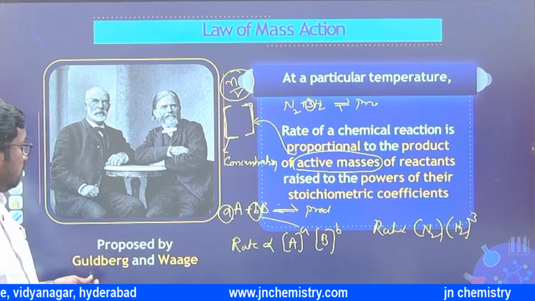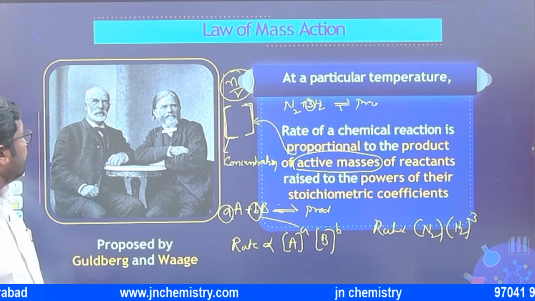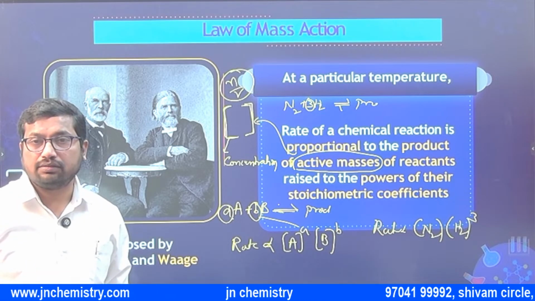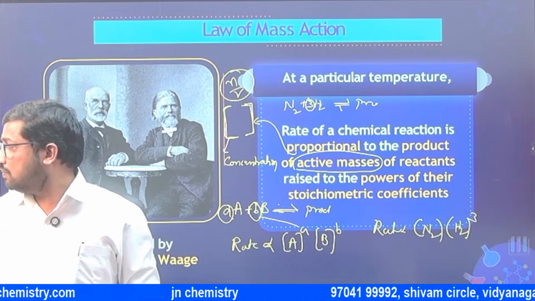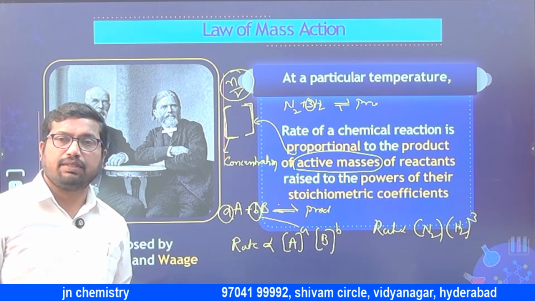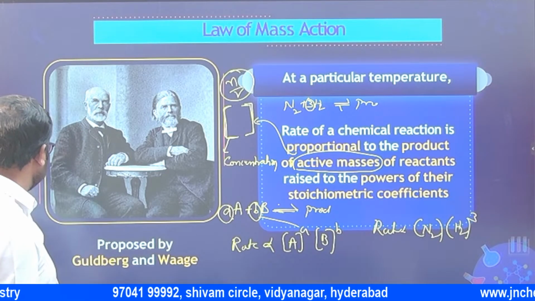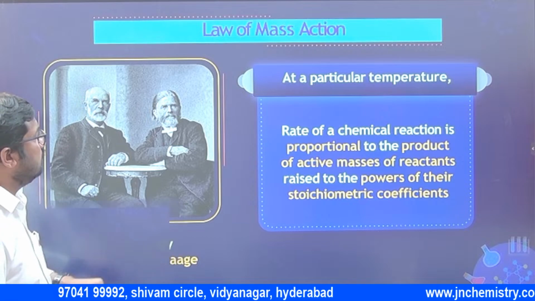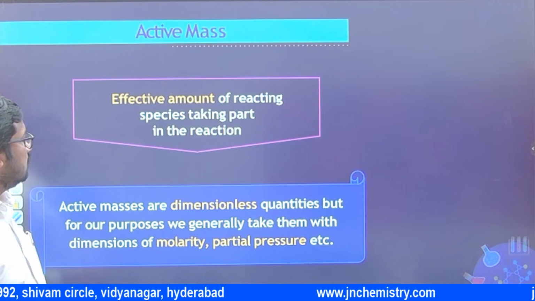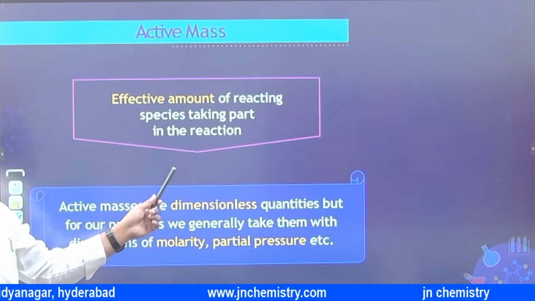So it is explained by Guldberg and Waage. What is active mass? Active mass is nothing but concentration, the effective amount of reacting species taking part in the reaction.